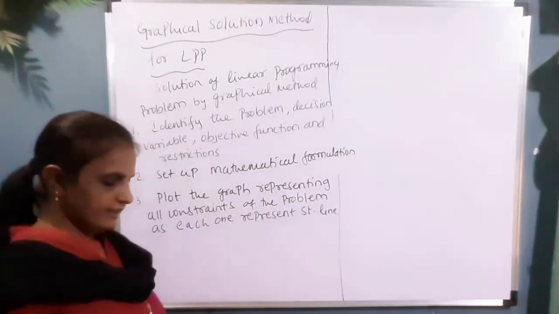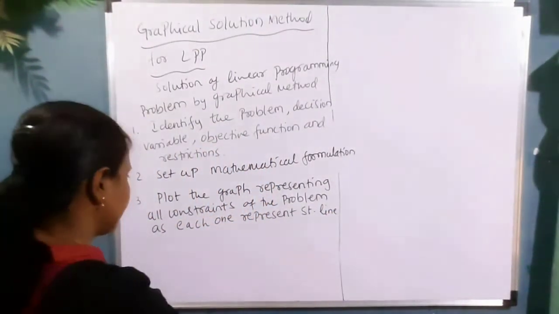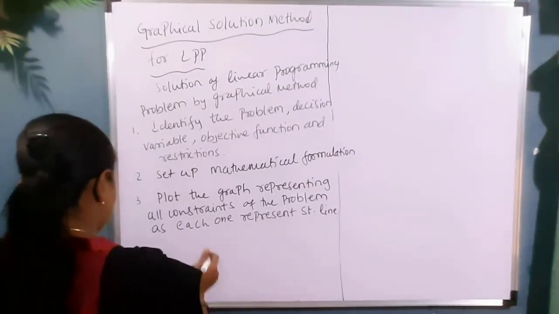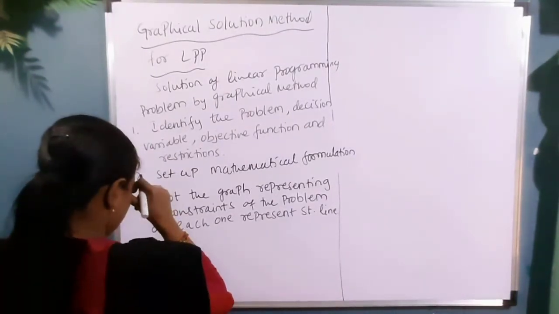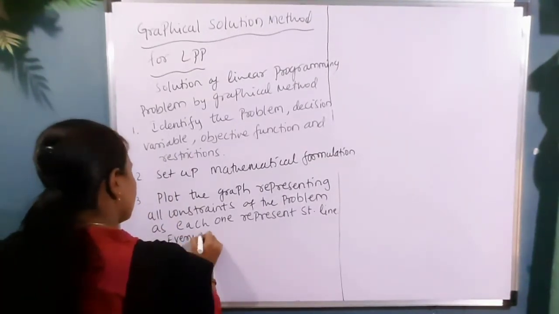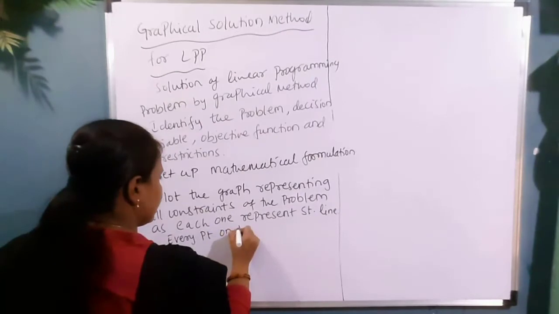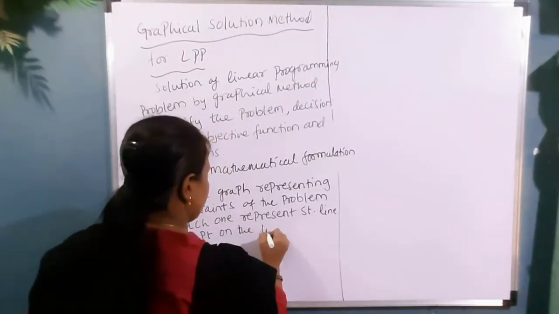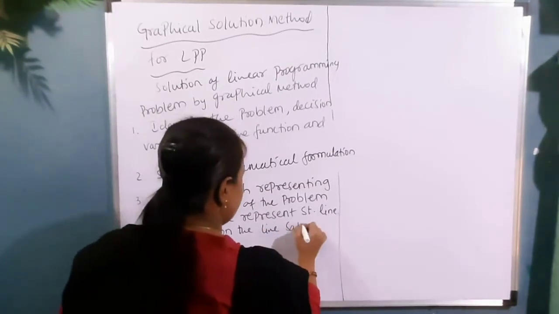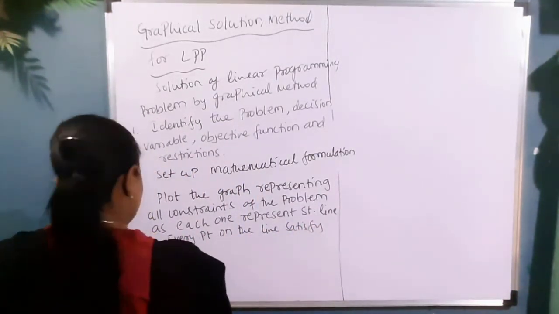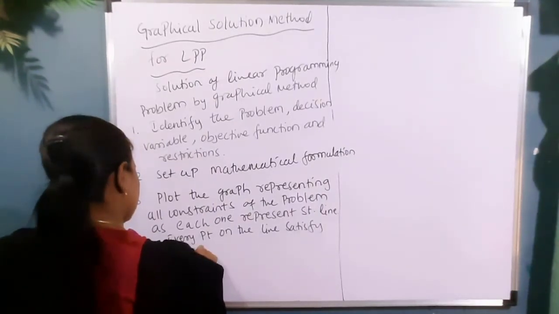Each constraint will represent a straight line, and every point on the line satisfies the equation of the line.